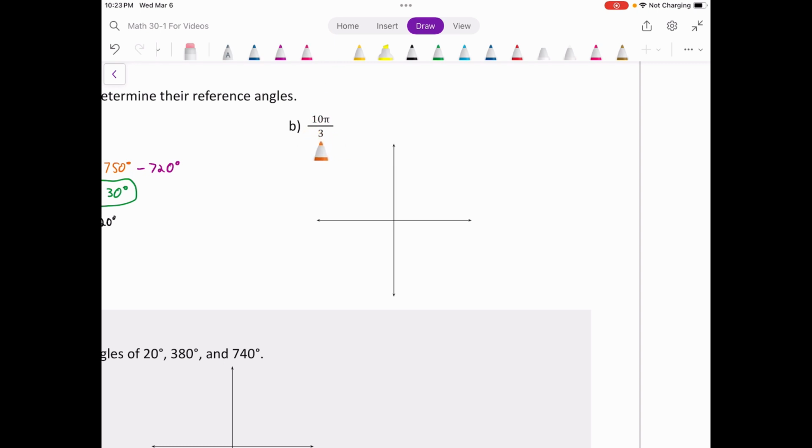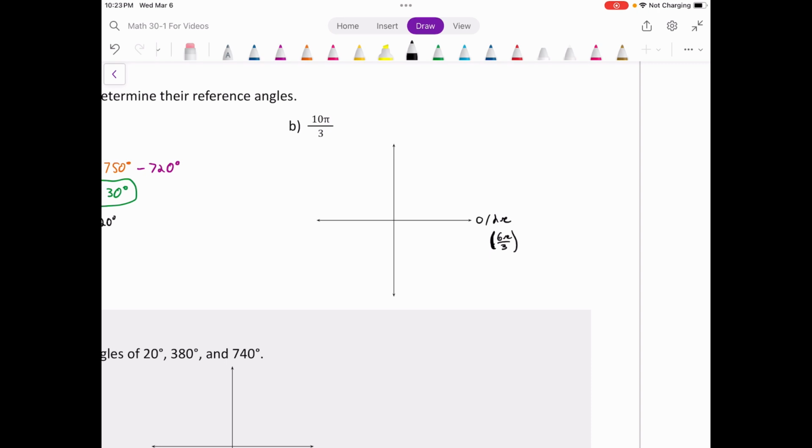So 10 pi over 3, let's think about this. Well, what we know a full rotation is 2 pi. What would 2 pi be as a fraction over 3? This is 0 or 2 pi. How could we express 2 pi but as a fraction with a denominator of 3? Well, it's 6 pi over 3. Sorry. Yeah, no, that's right. 6 pi over 3, right?